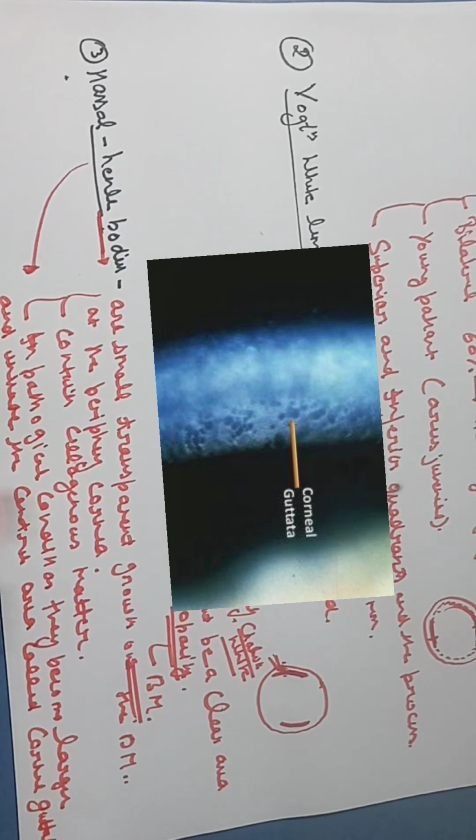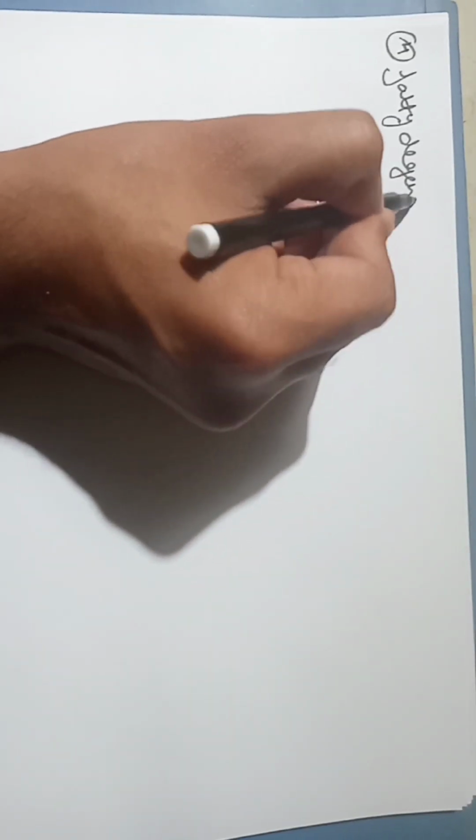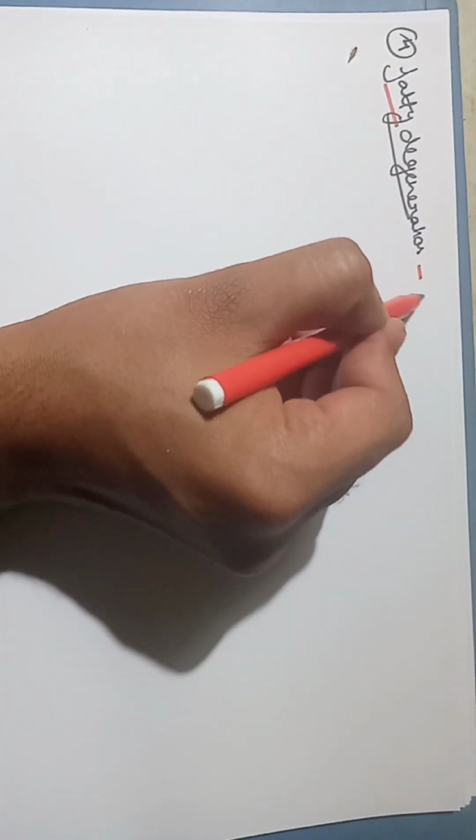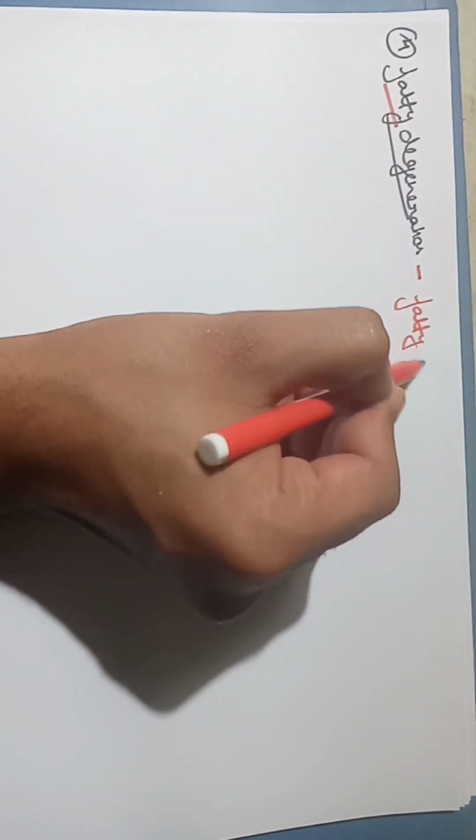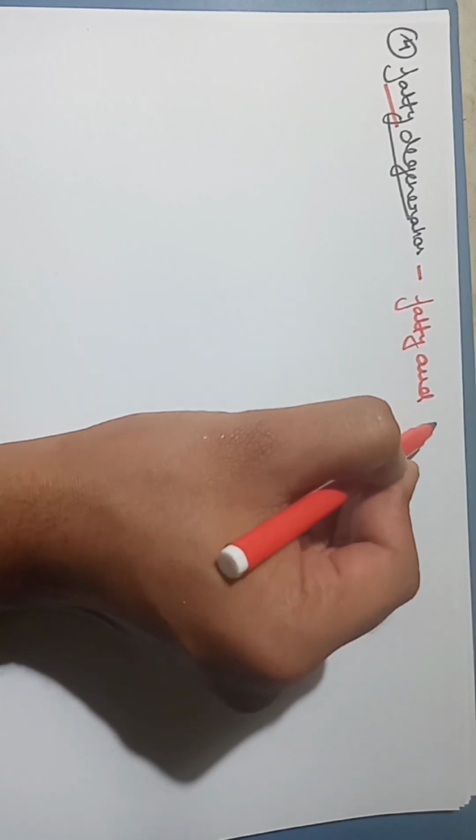Okay. So the fourth one is fatty degeneration. In case of fatty degeneration, it contains fatty acid or cholesterol.